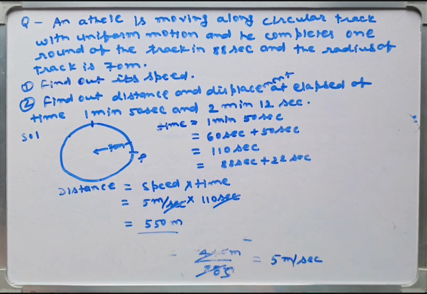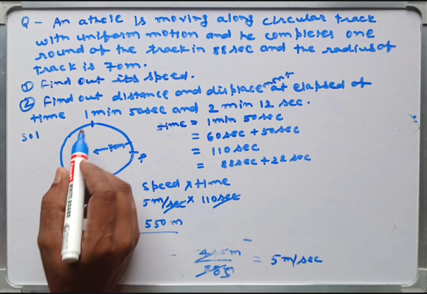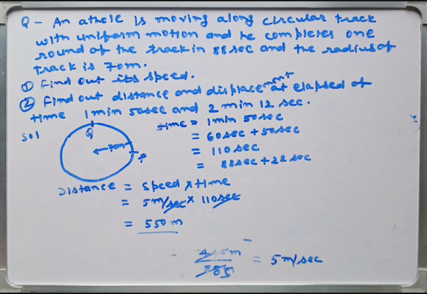So guys, you know, if this point is Q, then displacement only depends upon the shortest distance between the initial and final position of an object. It does not depend upon how the object reaches the final point.